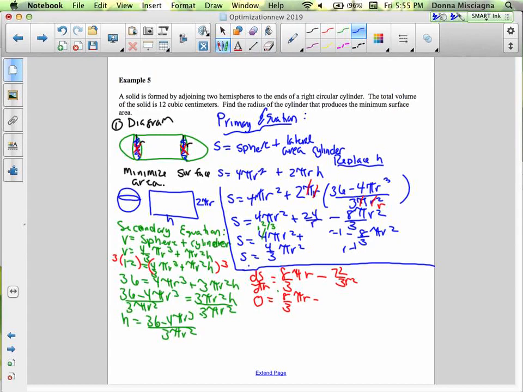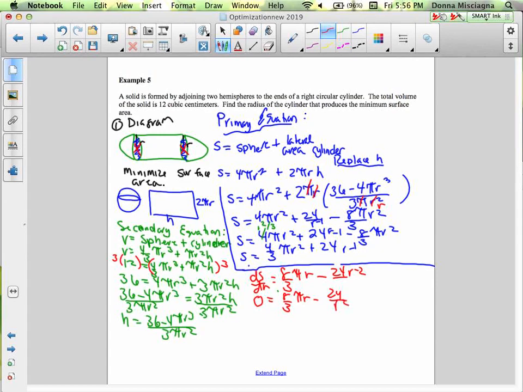So that would be minus 24 r to the negative 2, which is the same as 24 over r squared.